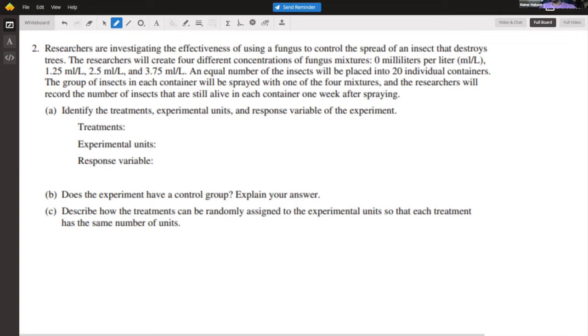Whenever you have treatments, you can go ahead and let me know. So would treatments be the mixture, the mixtures? Yes, the 4 different concentrations.